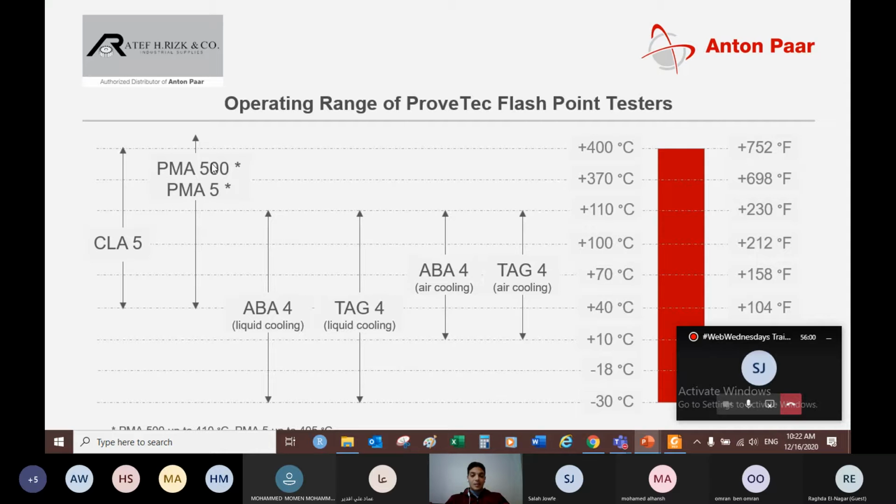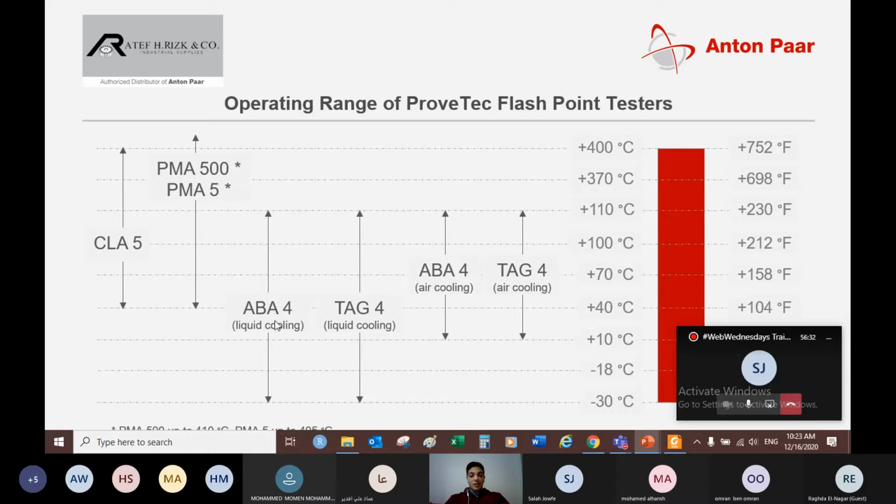The second product is the PMA5 and PMA500. These are instruments for the Pensky-Martens flashpoint tests, and they range from 40 up to 405 in the case of the PMA5, and the modern instrument PMA500 reaches 410 Celsius.